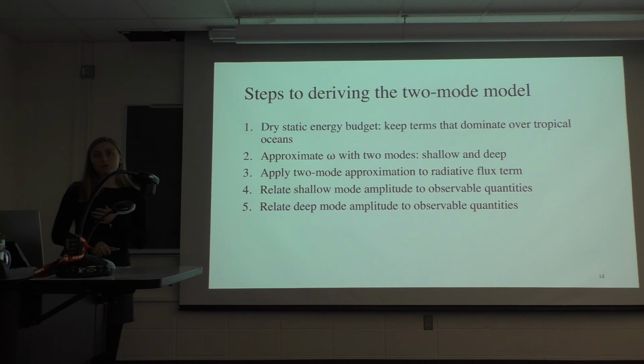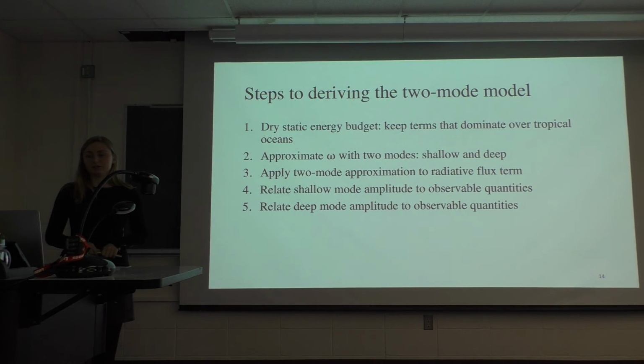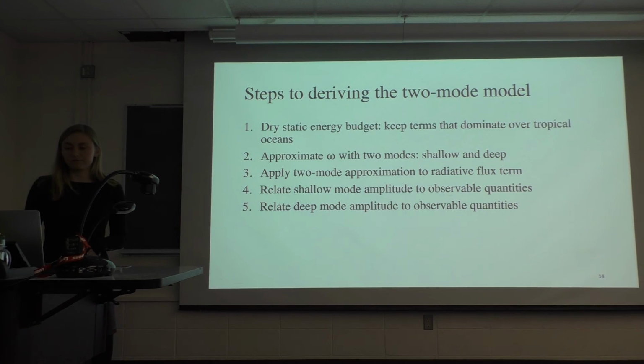We can apply the two-mode approximation to omega such that there's a shallow mode and a deep mode. And then we can also apply the two-mode approximation to the radiation term, which is also one of the dominant terms. Because we've made this two-mode approximation, there are two mode amplitudes, a shallow mode amplitude and a deep mode amplitude, and we relate those to things that we know how to think about, in this case, surface convergence and SST. So these are the steps I'm about to take.